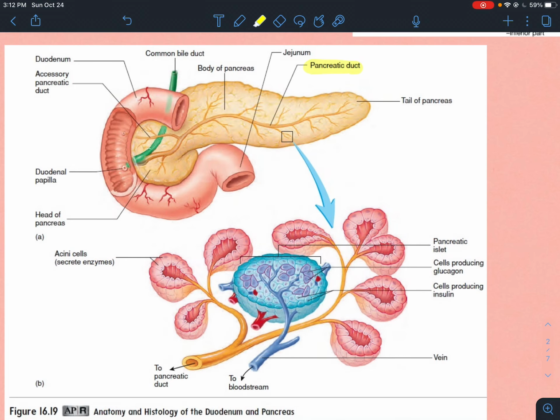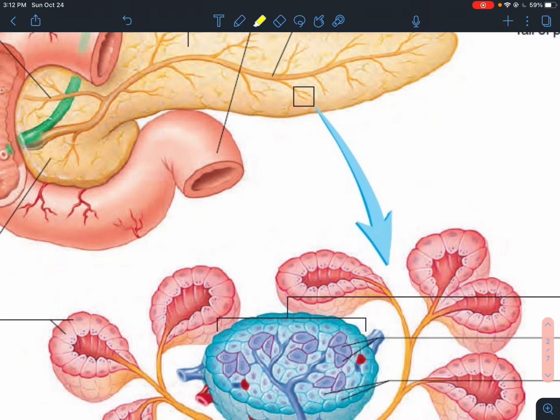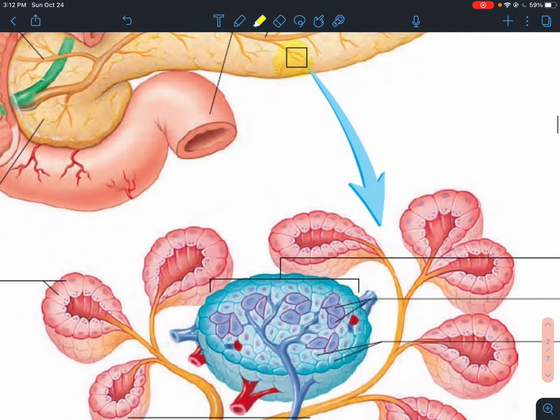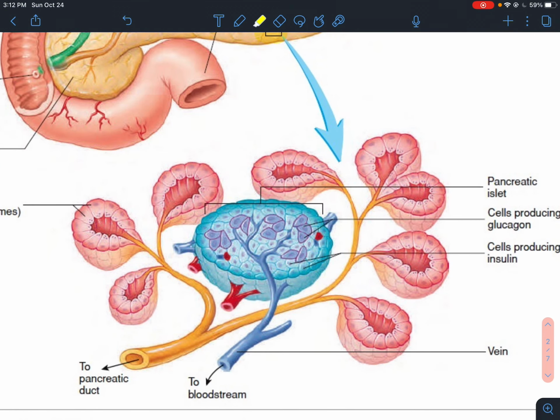Right now, we'll be using this image to help us. We're taking a little square right in here, and we're zooming into that square in order to see what this pancreatic tissue looks like.